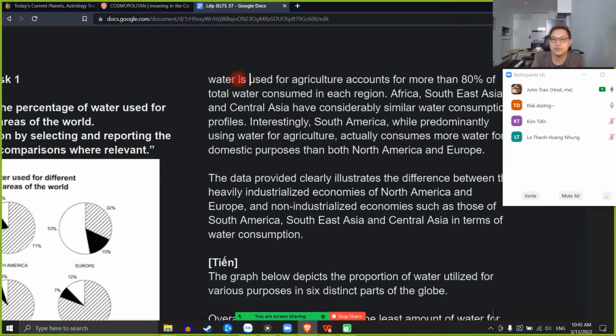Water is used for. Remember, water cannot use itself, so it must be used. Phải là bị động nha. Nước nó không thể nào tự sử dụng nó được, mà nó phải được sử dụng. It must be in passive form, you know. Water is used.